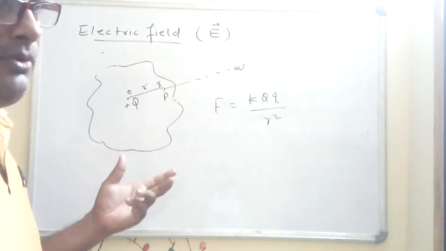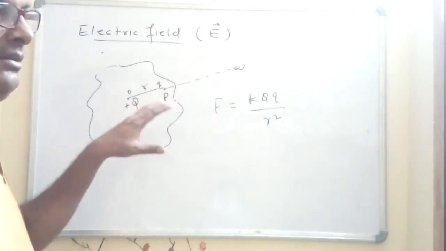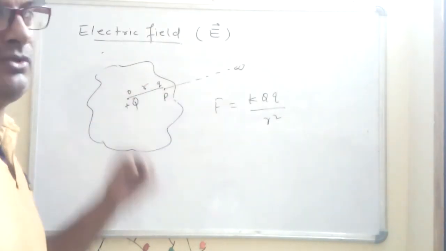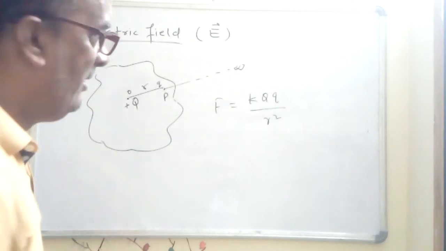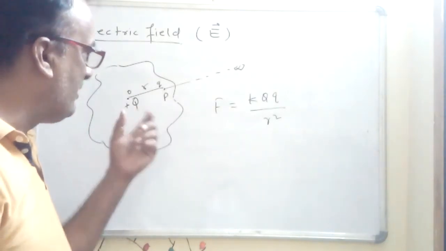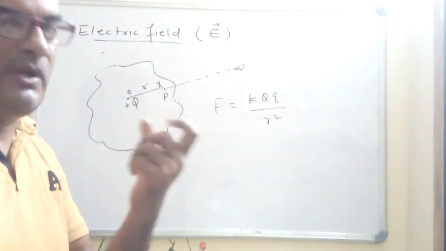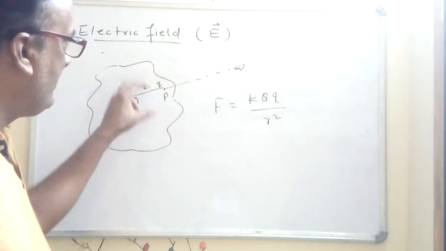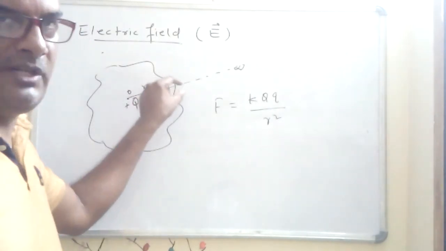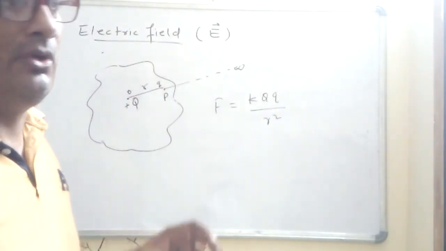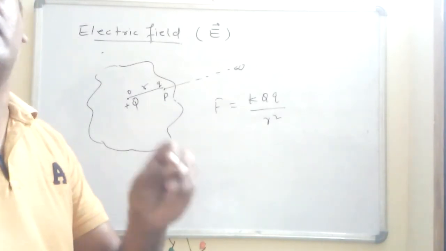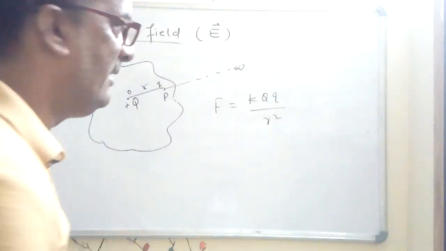So both charges experience force from one another. But the electromagnetic waves produced by the very small charge q are very, very small, so their effect is considered negligible, right?